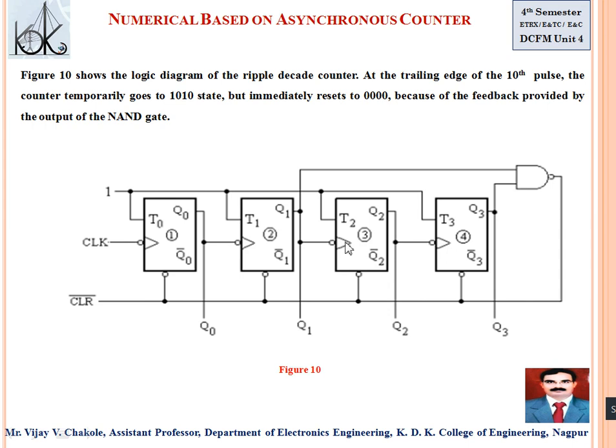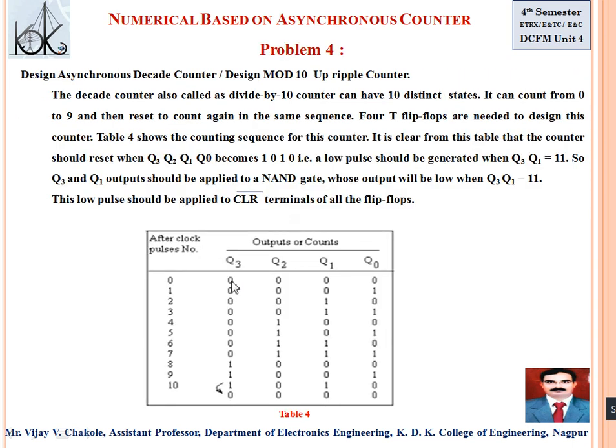The requirement is a negative edge, so again this flip-flop is not working, no change, 0 to 0. Same way this flip-flop also. Next your output is 0 0 0 1, which means you are moving from the 0 0 0 0 state to the first state with 1 clock pulse.